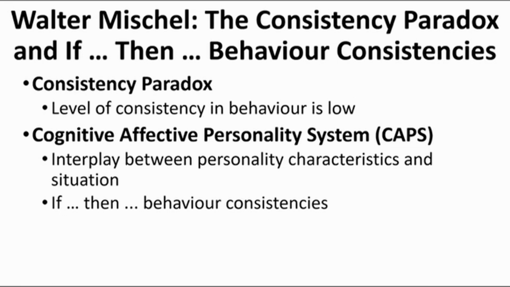Now, our last psychologist that we want to talk about is Walter Mischel. They did the consistency paradox and looked at if-then behavior consistencies. Mischel was well known because they pushed for a more cognitive approach to personality. They wanted to start taking into account what was going on in people's minds, how people were thinking, and how that influenced their behavior.